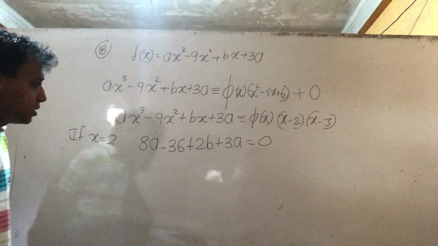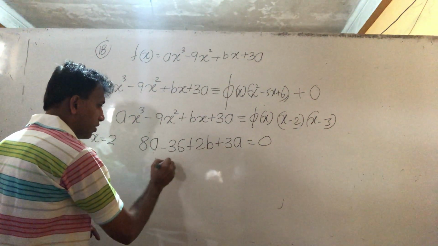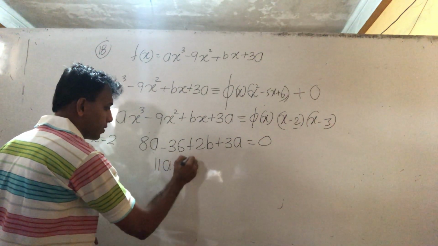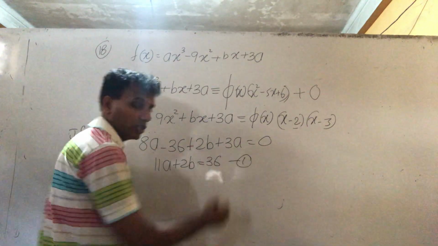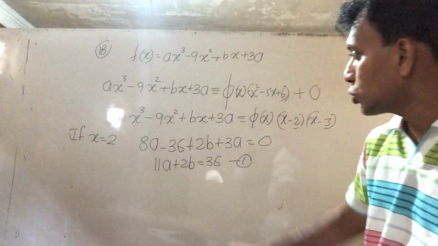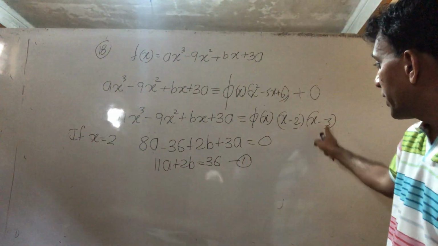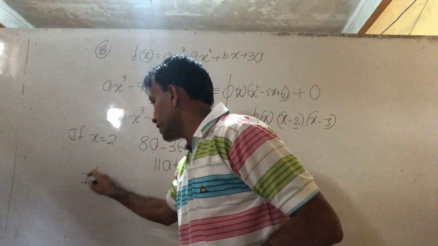Okay, therefore you can leave it one side, 8a plus 3a is 11a. 11a plus 2b equal to 36. Your first equation, your first of the system of equations. Another chance to make this vanish as 0: put x equal to 3.